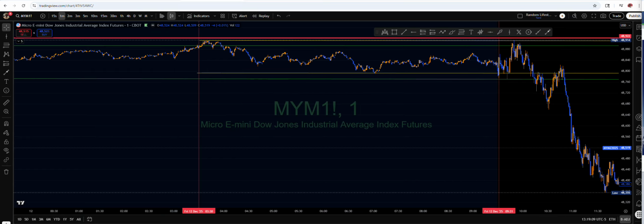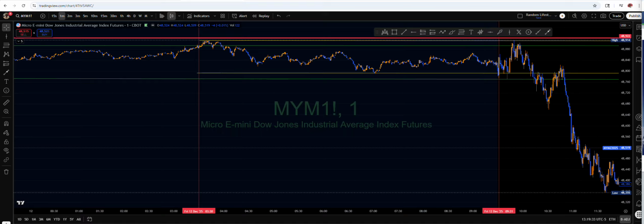For next week, let's see what we got. For next week, we don't really have too much. Well, I don't want to say that too soon, because Tuesday we have a lot going on. Tuesday we have one, two, three, four, five, six, seven, eight, so 8 red folders on Tuesday.